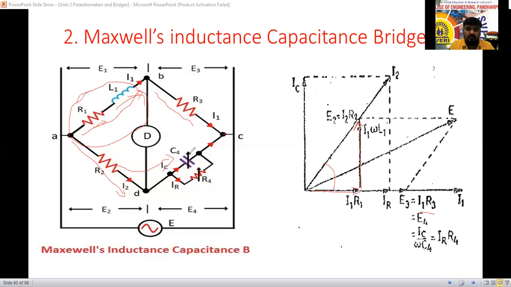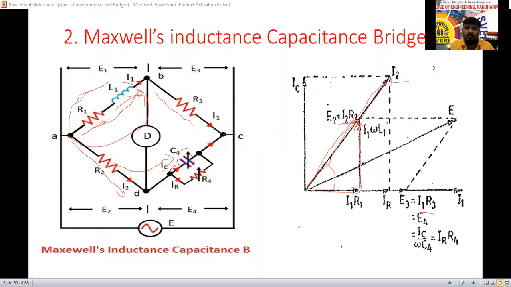Capacitance is there. So the current flowing through the capacitance, that is I2, leads the current I1 here. For that reason, we have taken some angle for I2 here. So I2 R2 is in phase with I2, that is the voltage drop across R2.